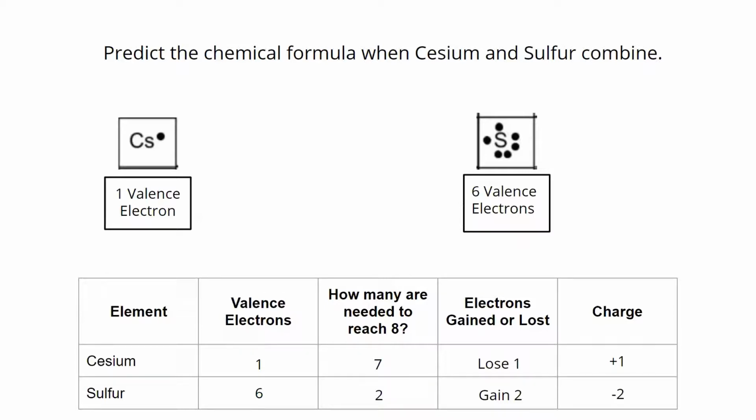So let's look at what this looks like when they actually do bond. We know that sulfur needs 2 electrons in order to become happy. Cesium only has 1 to give, but we need a second one. So that means we are going to need 2 atoms of cesium to bond to our 1 atom of sulfur.